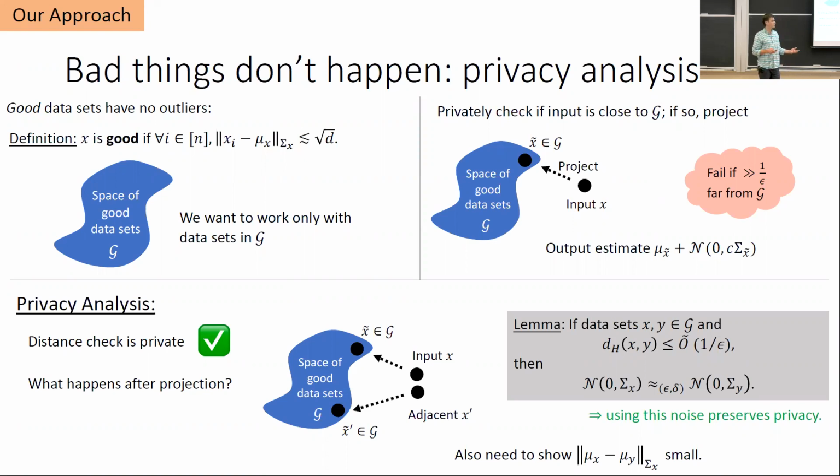Which means that we'll be able to use this noise to still preserve privacy. We also need to show that the means are not too far from each other as well, which uses a lot of the same ideas. And this is the core work in the privacy proof.